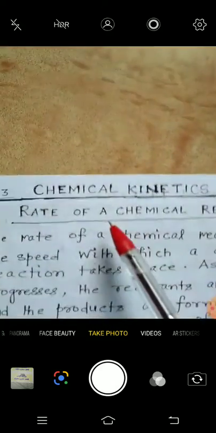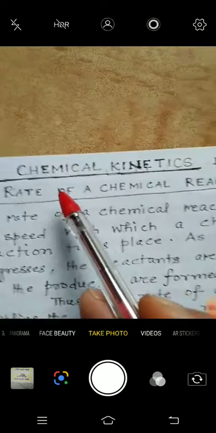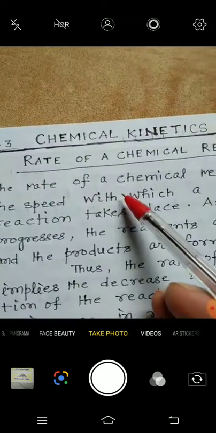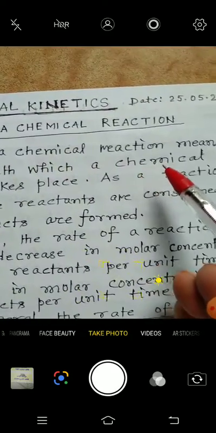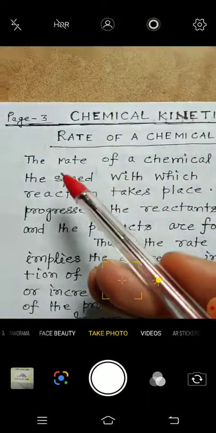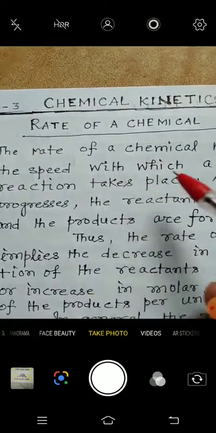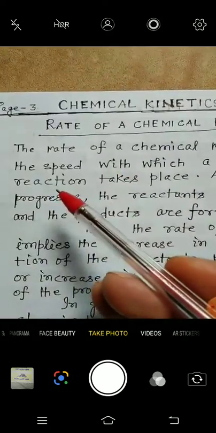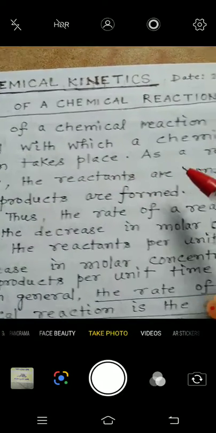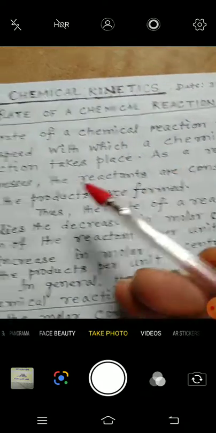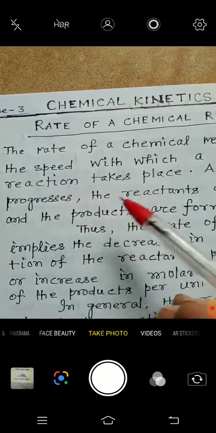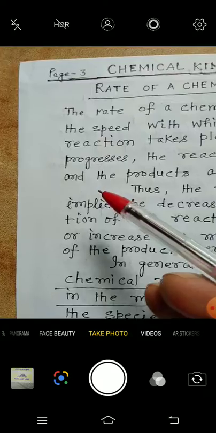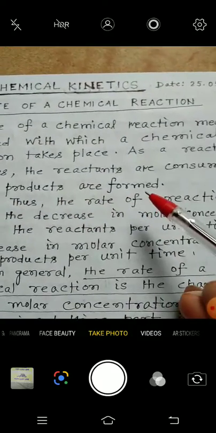Now the rate of chemical reaction. So what do you mean by the rate of chemical reaction? The rate of a chemical reaction means the speed with which a chemical reaction takes place. As a reaction progresses, the reactants are consumed and the products are formed.